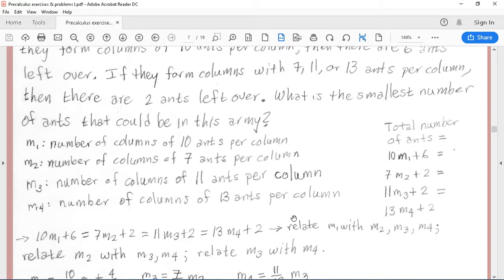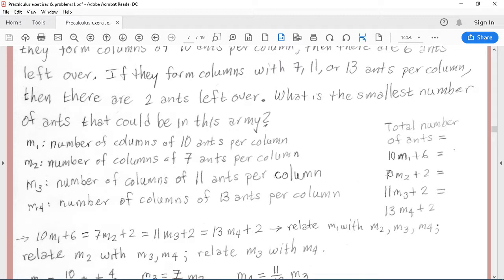So the total number of ants is going to be equal to either 10 M1 plus 6, that means 10 ants per column times the number of columns of 10 ants per column plus 6 ants that are left over.